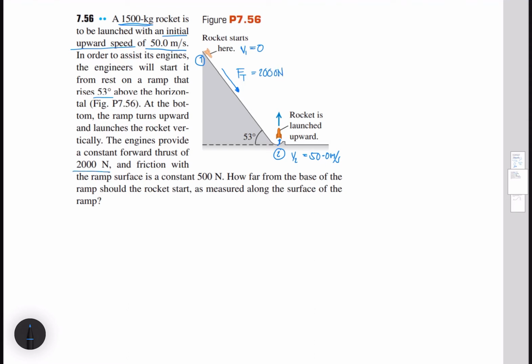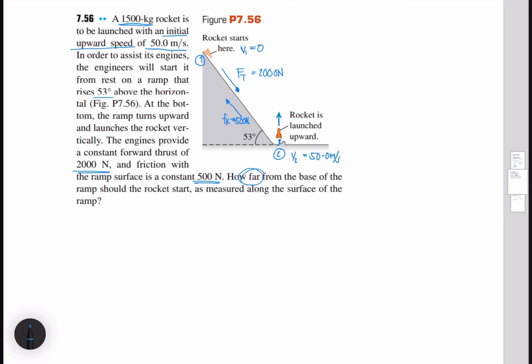Then we have the constant friction by the ramp. Of course, friction is directed opposite, so we can say that that is F sub K, 500 newtons, directed opposite to the motion. Alright, and how far from the base of the ramp should the rocket start?